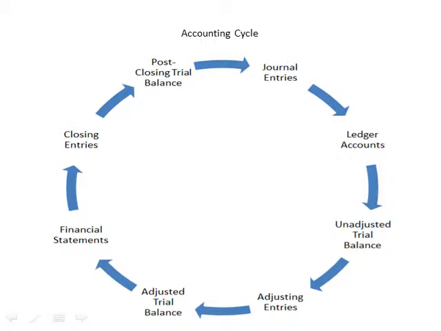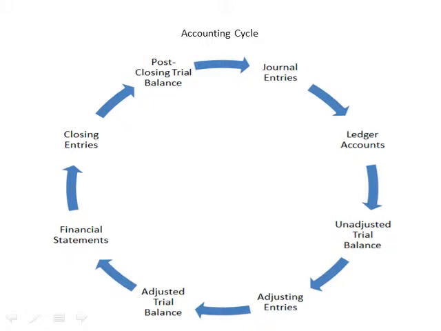But, so the accounting cycle includes journal entries. It includes general ledger accounts that result in an unadjusted trial balance, and then when we go to close the books, we have adjusting entries, which get us to an adjusted trial balance, which result in financial statements, which then cause us to have to book closing entries, whether that's monthly, quarterly, or annually.